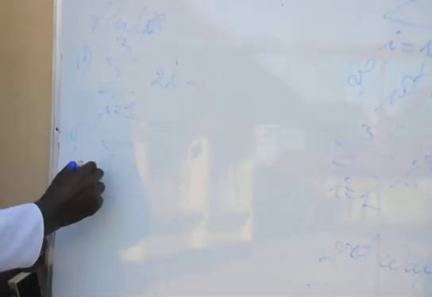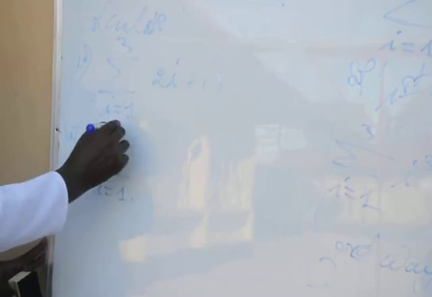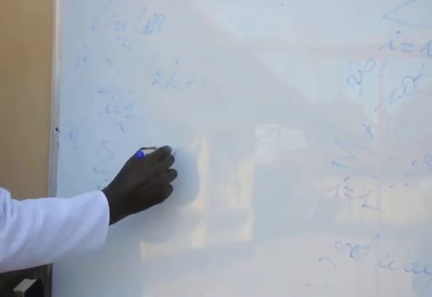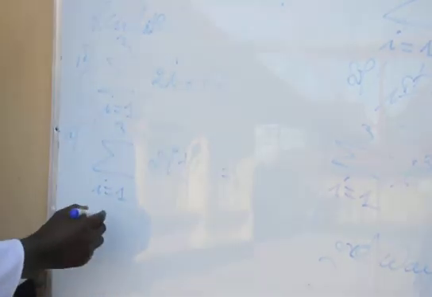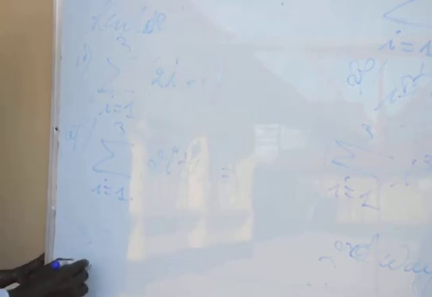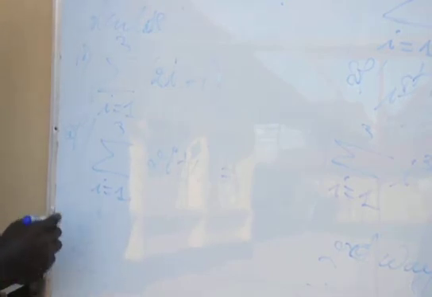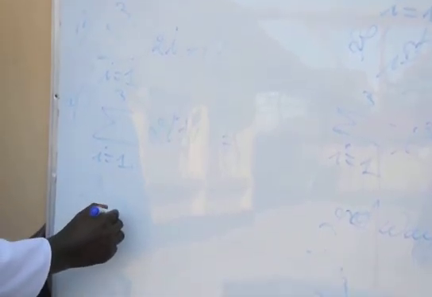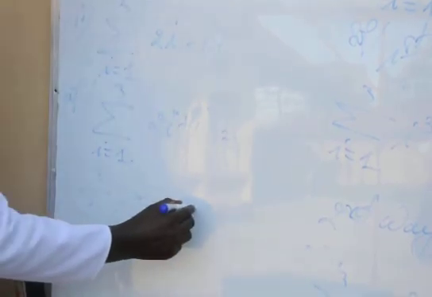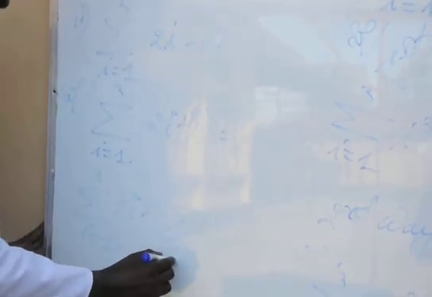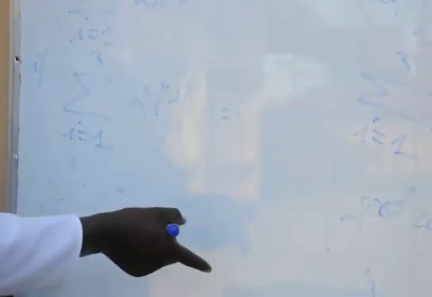For calculating this, we have to know that the sum of i from 1 up to 3 of (2i plus 1) is the sum of i from 1 up to 3 of 2i plus the sum of i from 1 up to 3 of 1.